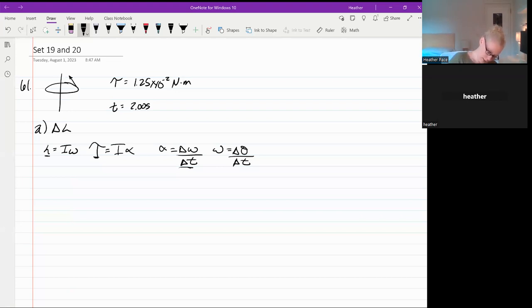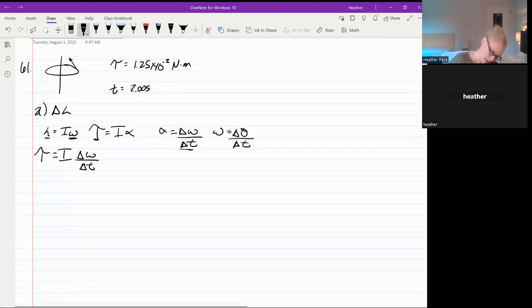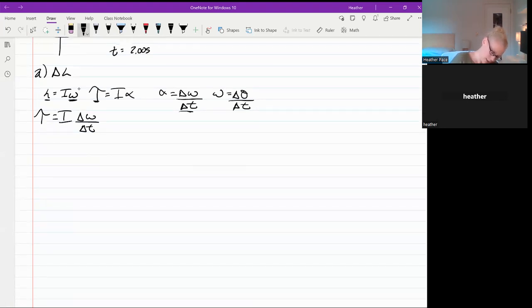If we do this, that gets rid of the alpha and it puts it in terms of omega, which is in this equation. Then we can take this and solve for I and shove it in there.